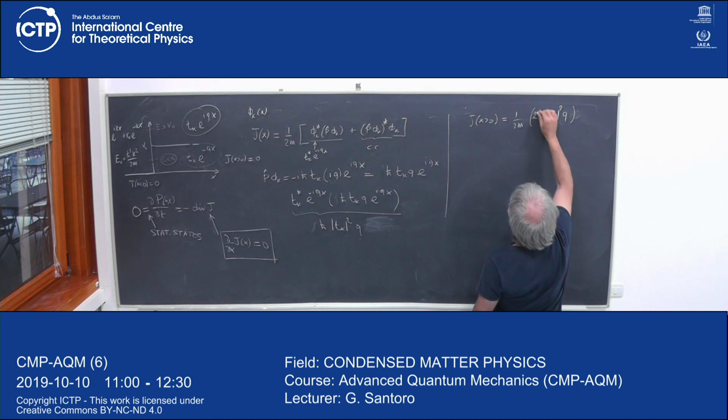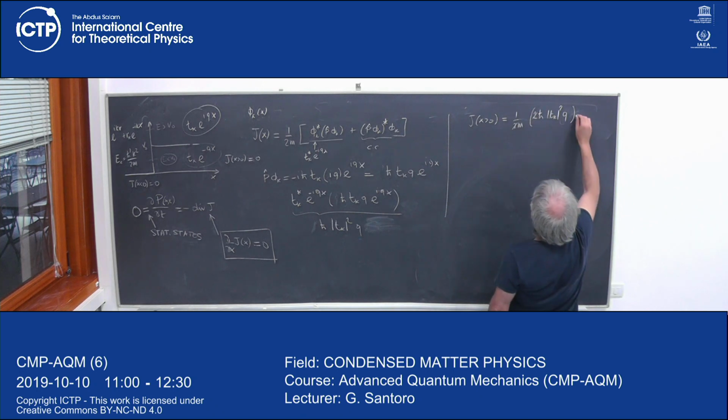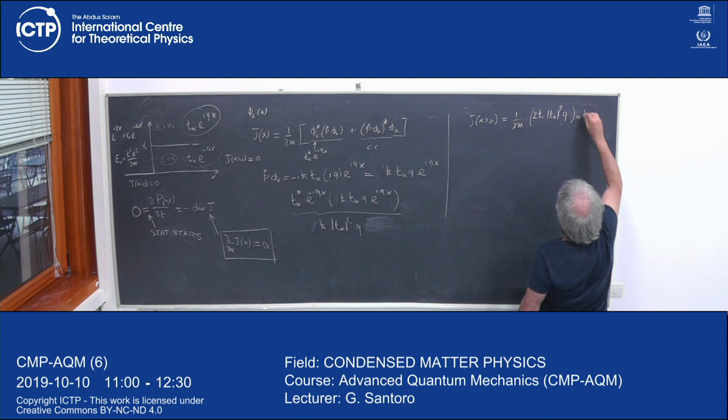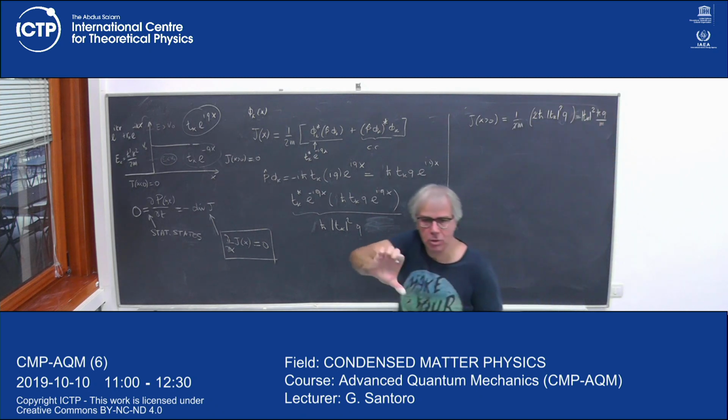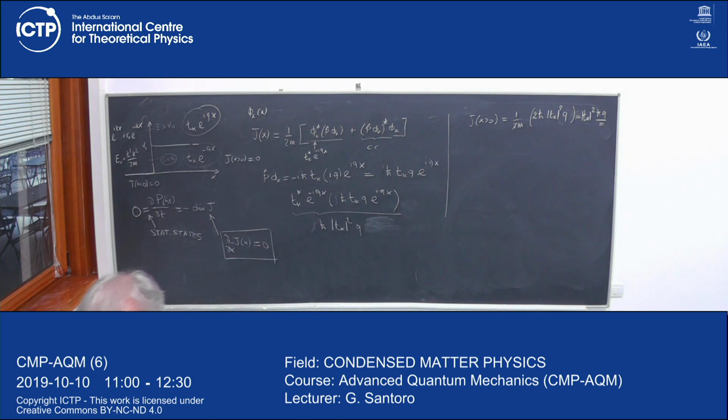Okay? So the 2 and the 2 go, and the result is tk modulo square times h bar q divided by m. Okay? So somehow the momentum divided by the mass times the amplitude of the wave. Is it a reasonable thing?